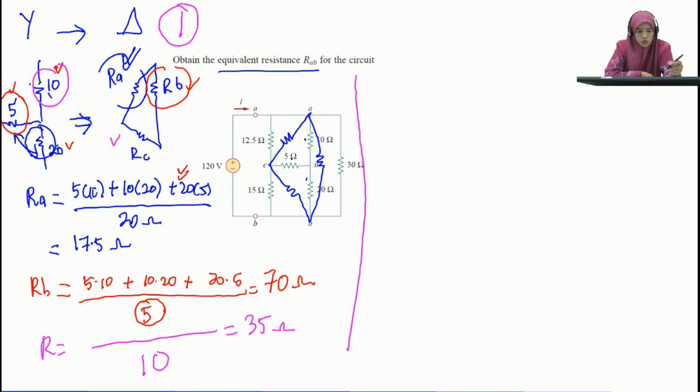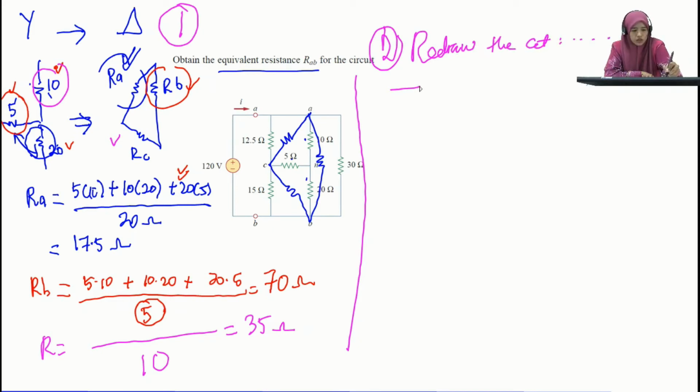And the second step, you need to redraw the circuit. Your new circuit will be like this. Let me change the color for our new resistors so that you can easily see. So we have here our resistor values that we already changed from Y to delta connection, and this is the normal circuit.